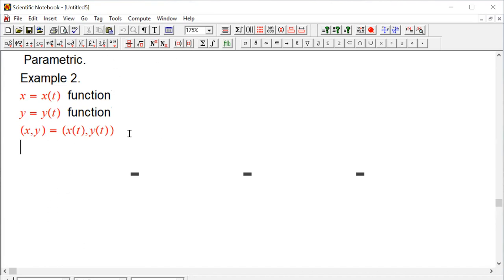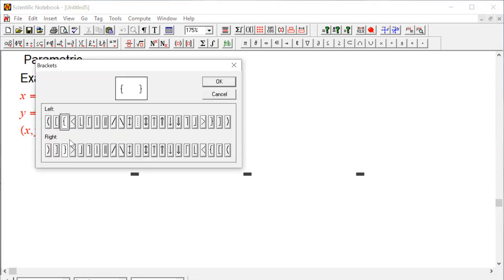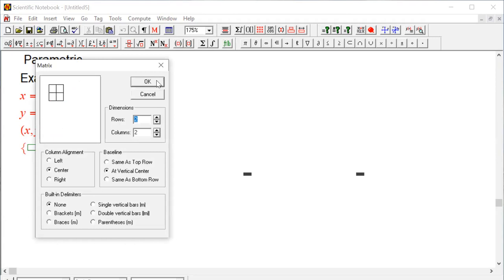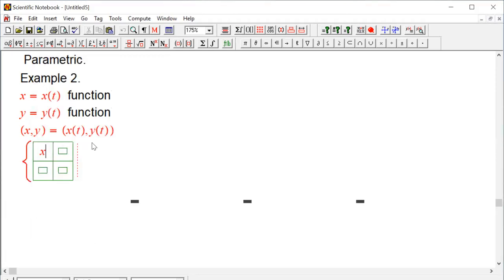Example number 2. Typically we would write these kind of parametric equations, or parametric function, excuse me, in the following form. It could be x equals to x of t, and y equals to y of t.